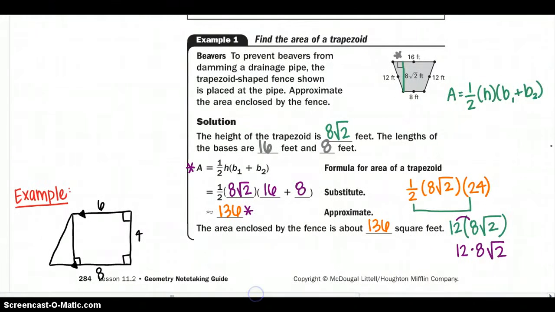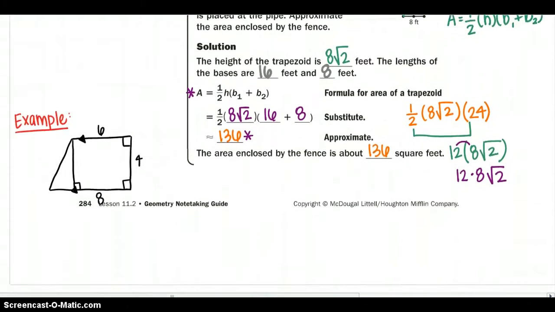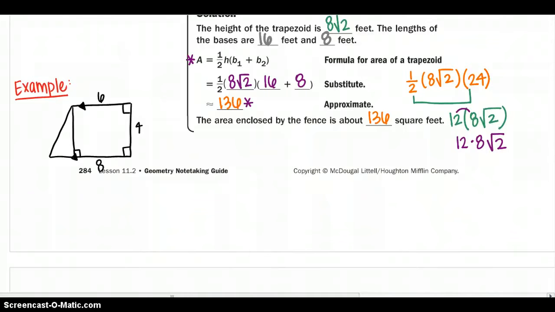So another example would be over here. We'll quickly set this up. You know that your 4 is perpendicular, so you can also call that your height. So again, our trapezoid area equation will be 1/2 h times our 2 bases added together. So remember, 6 will be our base, 8 will be our base, the 2 parallel.